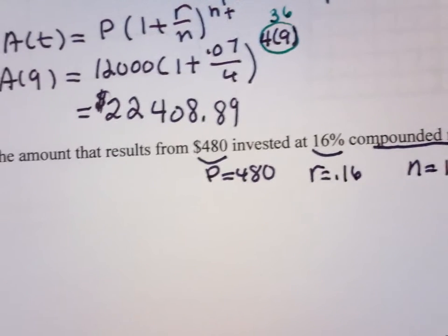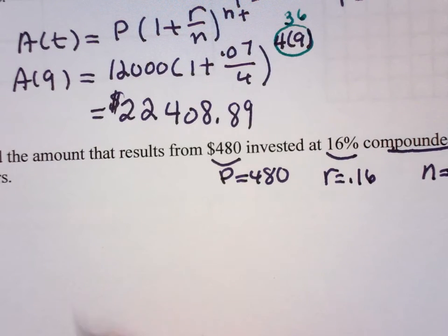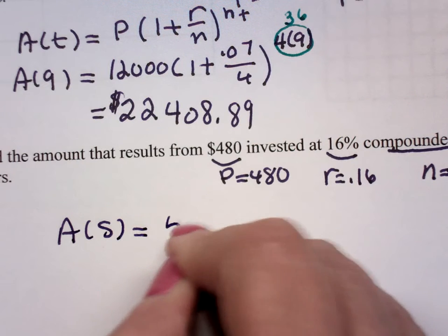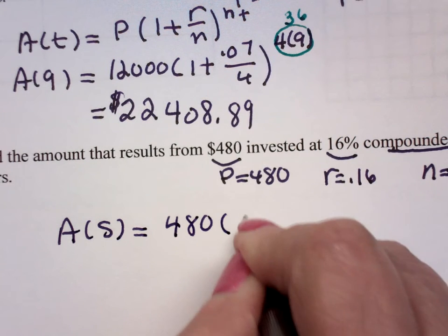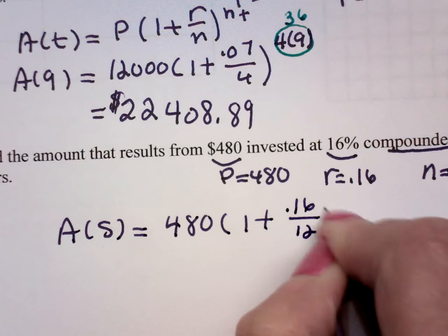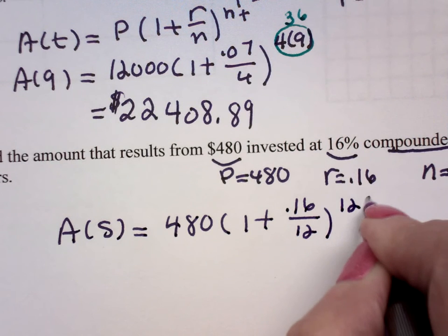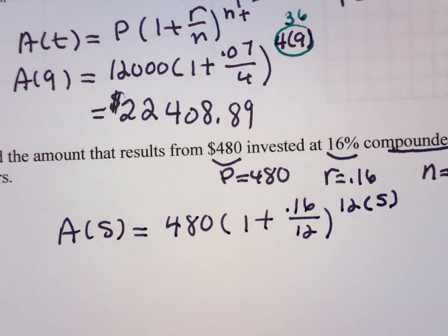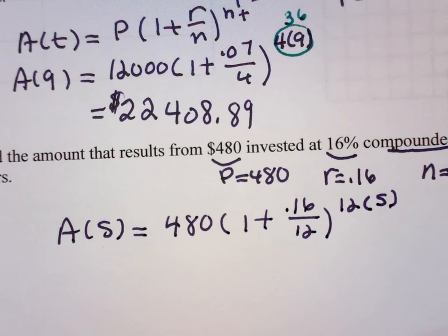So you're now looking at A of 5 is equal to 480 times 1 plus 0.16 divided by 12, to the 12 times 5. 12 times 5 is 60, right?